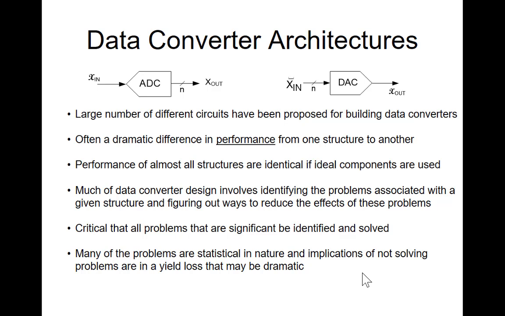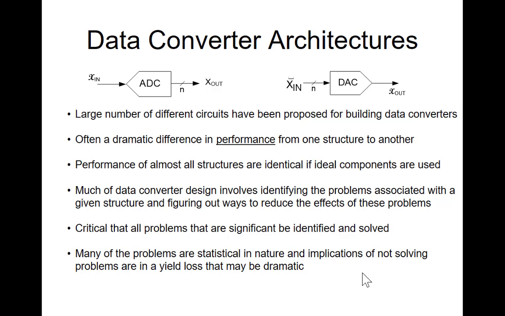If there are 6 factors that cause a data converter structure to perform non-ideally, and they all result in about the same level of effect on the output, and you only take care of 5 of the 6, you probably still don't have a good structure. You've got to go in and find all of the non-ideal effects that will cause degradation of performance at a given level.